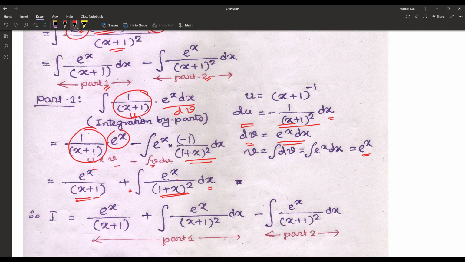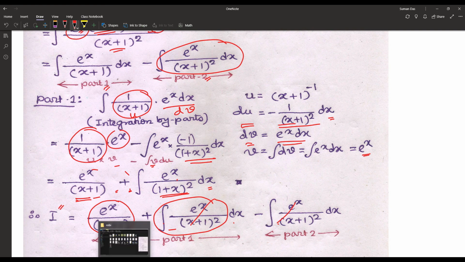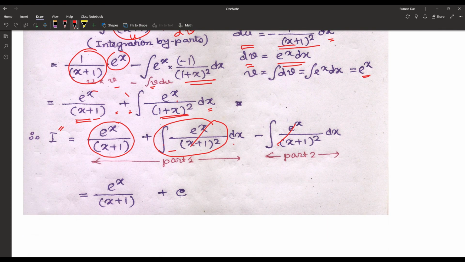Now we write the answer for I: that is e^x by (x plus 1), our first part, plus the integration of e^x divided by (x plus 1) whole square dx, minus, that is our part 2. Now that one is plus, that one is minus, so we omit this, and finally we get the result as e^x divided by (x plus 1) plus the integration constant.